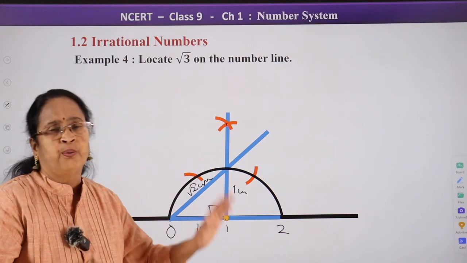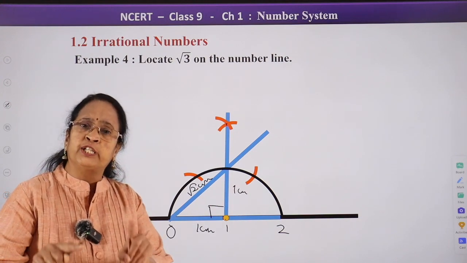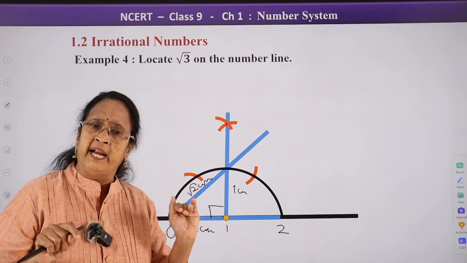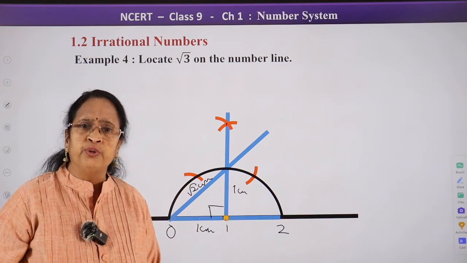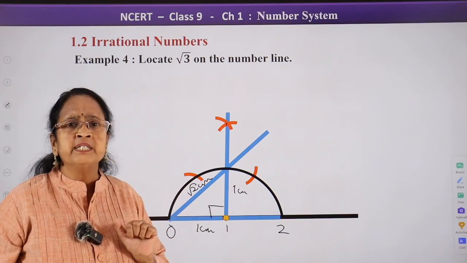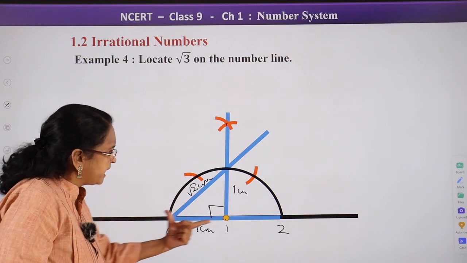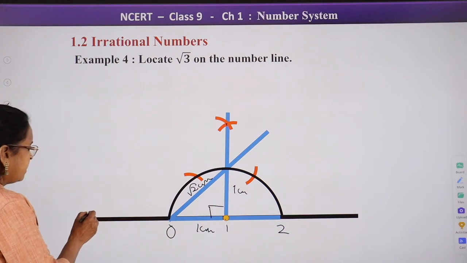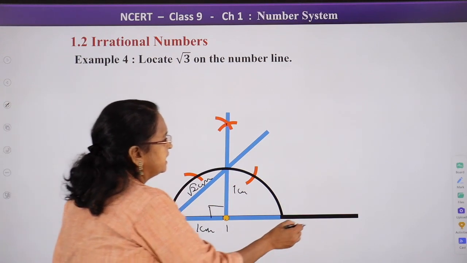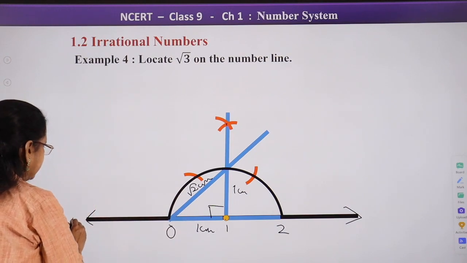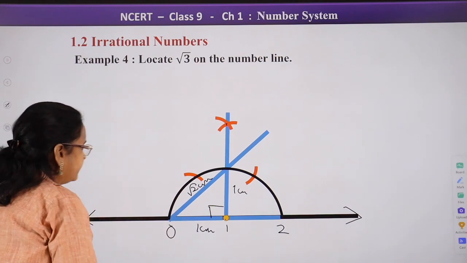Now comes the actual twist. For root 3, I said it is an extension of root 2. How is it the extension? Now we have taken this base as this line, the line PQ.